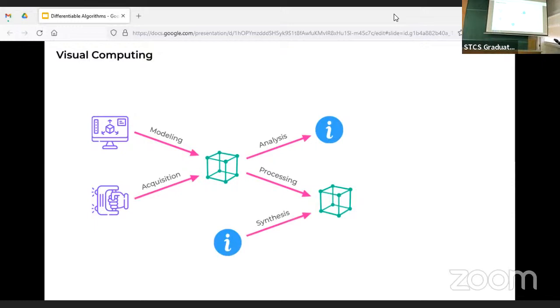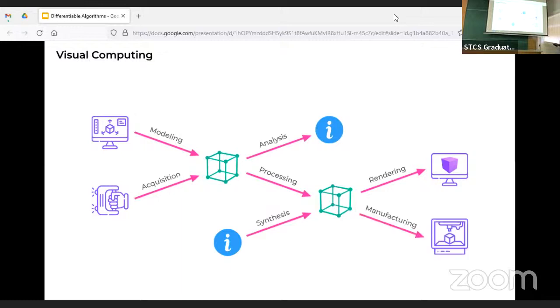Now, given this shape, we might want to render it. For example, this slide, whatever is happening when I'm clicking a button, graphically some rendering is going on. So you might want to render it so that it's interpretable to a human visually. Or you might even want to manufacture it in the real world so that you could 3D print it and hold it as an object.